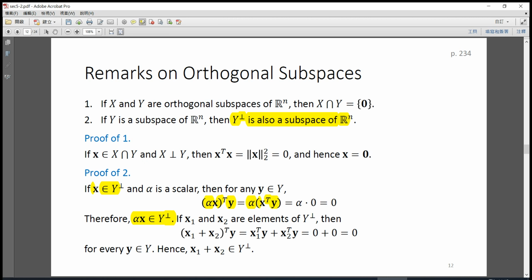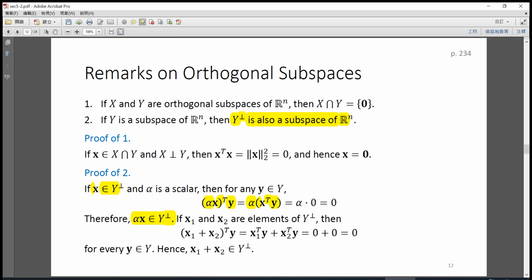Because x belongs to Y perp, x transpose y equals 0, and hence alpha times 0 is also equal to 0, and therefore alpha x belongs to Y perp, so the scalar multiplication is closed in Y perp.